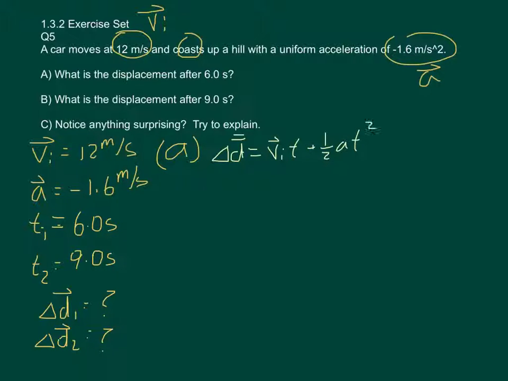This is fine as long as we're not solving for T. You can solve for T as well, as long as your VI is 0. If your VI is not 0, you've got a T and a T squared both in there. It's tough to solve.